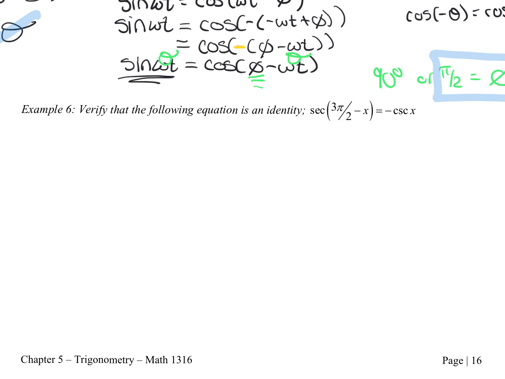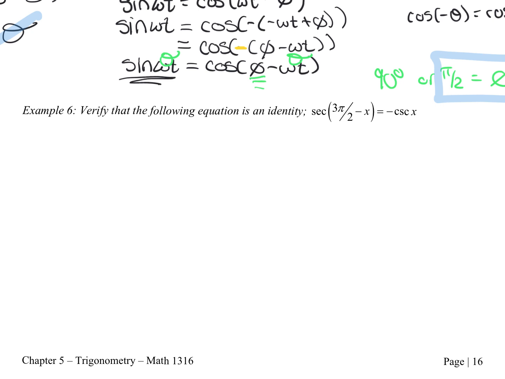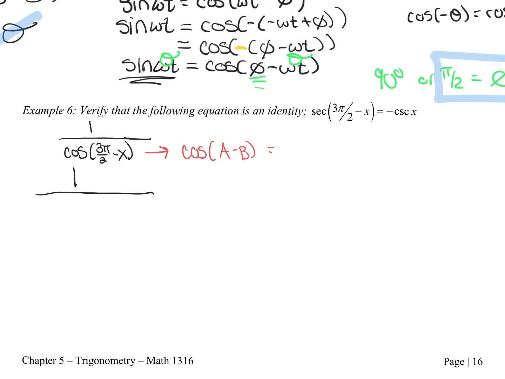So it says secant and cosecant, and we don't have formulas for those. So I'm going to change my secant to a cosine so I can use my cosine formula. So I get secant is 1 over cosine of 3 pi over 2 minus x. And then in the denominator, that's a sum and difference formula. So if I take this bottom piece right here, this is cosine of a minus b, which equals cosine a cosine b plus sine a sine b.